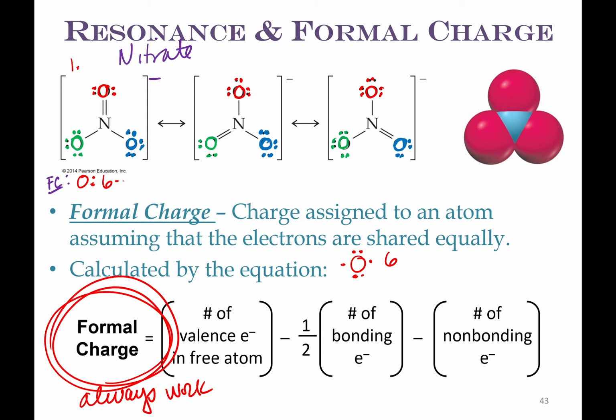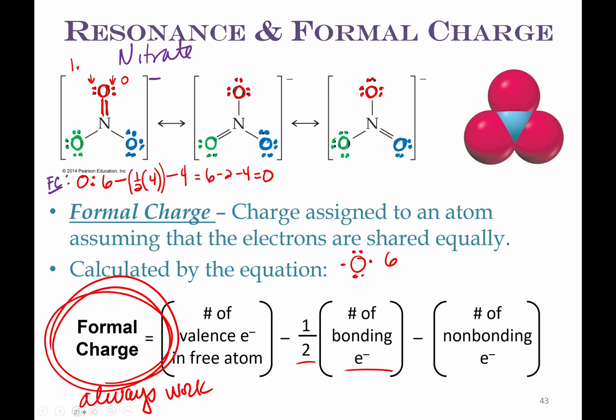So 6 minus 1/2 the bonding electrons. Well, how many bonded? 1, 2. Each of those has 2 electrons, so I'm going to say 1/2 times 4, right? Then I'm going to say minus all of the non-bonding electrons, 2, 4. So I get 6 minus 2 minus 4, or 0 for a formal charge on that one.